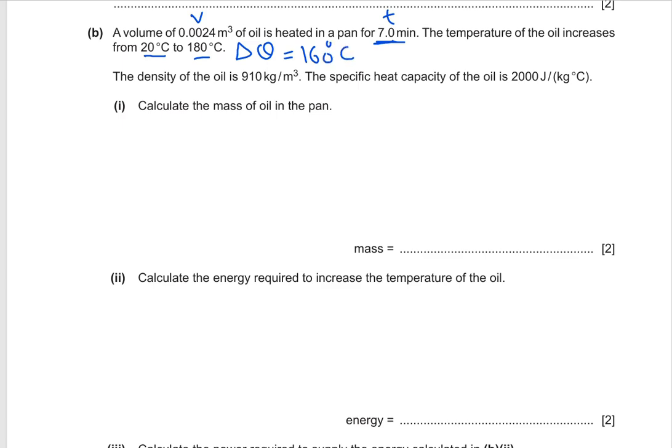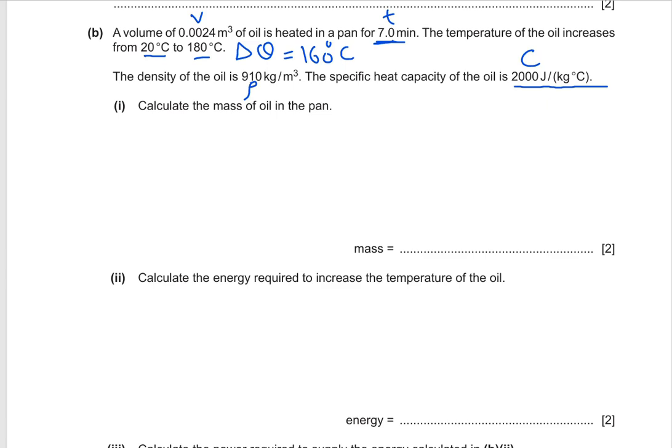They say now that the density of the oil is 910 kilogram per cubic meter. The specific heat capacity is 2000 joule per kilogram Celsius. This is the specific heat capacity.